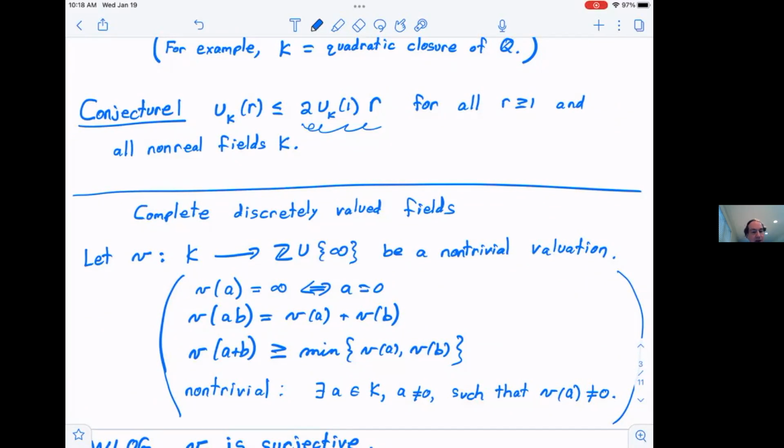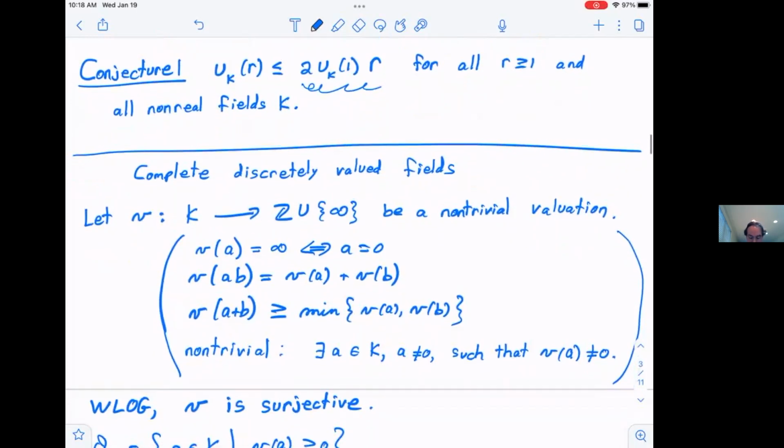So I want to deal with a non-trivial valuation, and this would be called a discrete valuation because the value group is a subgroup of the integers. Now, without loss of generality, we can assume that V is surjective. The reasons are easy. I'm going to skip the reasons, but without loss of generality, for any non-trivial discrete valuation, we can assume that the value group is all of Z.